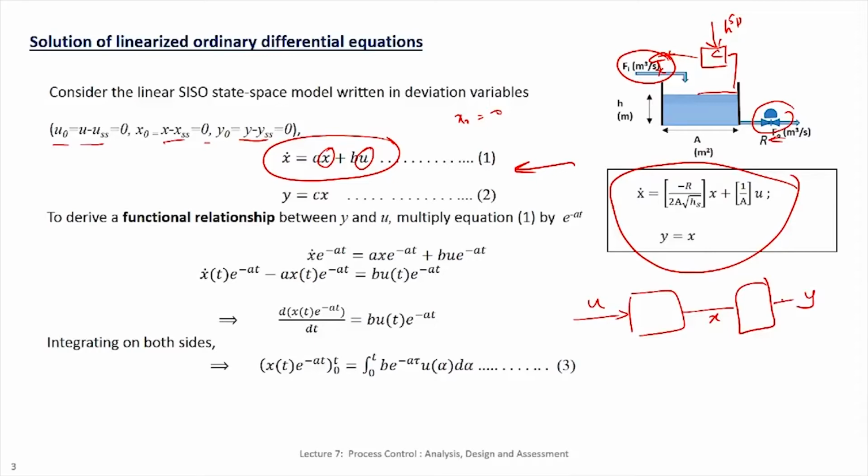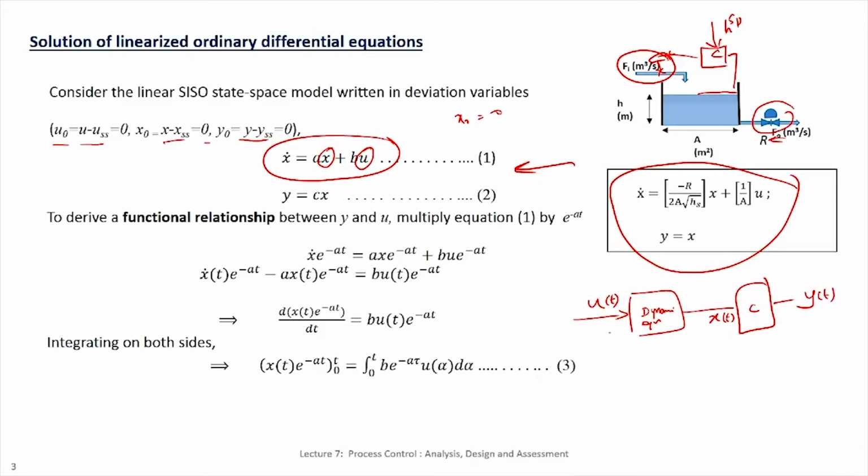If I give you a time profile for the input, then by solving this dynamic equation, x dot equal to ax plus bu, I want to get a profile for the state as a function of time, and once I have the profile for the state as a function of time, this block is simple multiplication by a constant which will give me y of t.